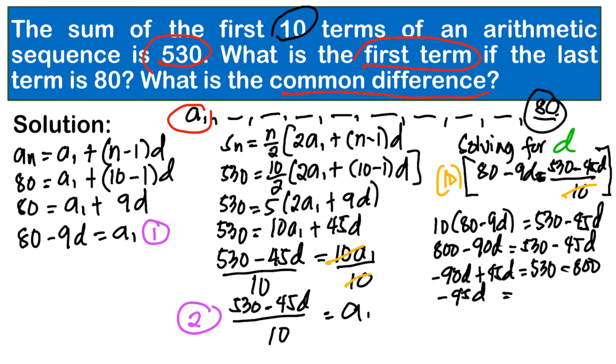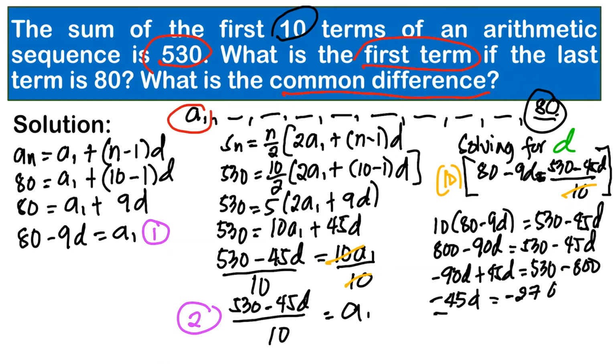And so this will give us negative 45d equals negative 270.